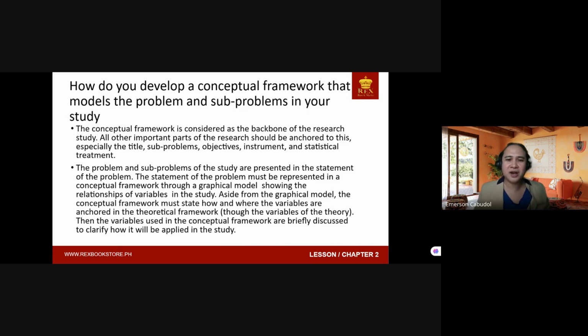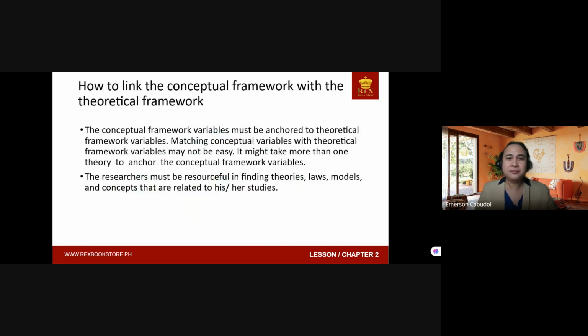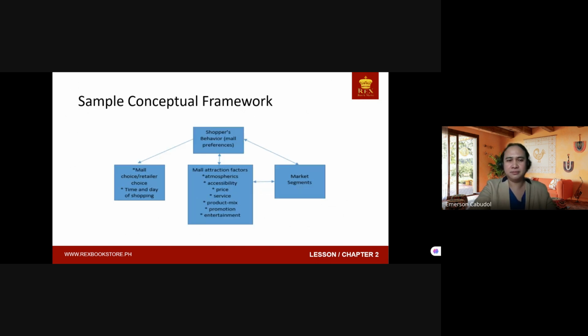We anchor these variables in a theory like Maslow's hierarchy of needs to explain the motivational aspect. We now briefly discuss how each variable is measured and applied within the organization being studied. So, this is an example of a conceptual framework. You have this in the book.